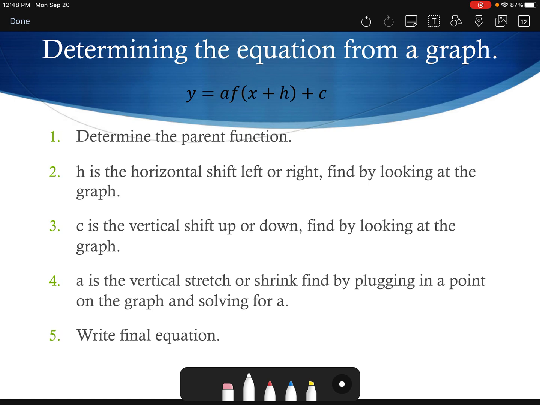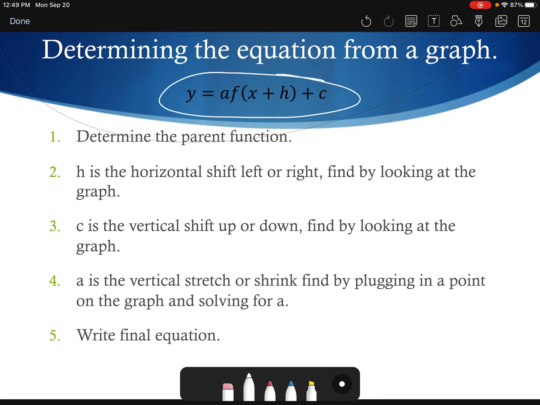Now, we are going to stop there for the first lesson, okay? The second lesson for 2-6, so this would be our next lesson, is determining the equation from a graph using the parent function. And we're going to use this formula right here.